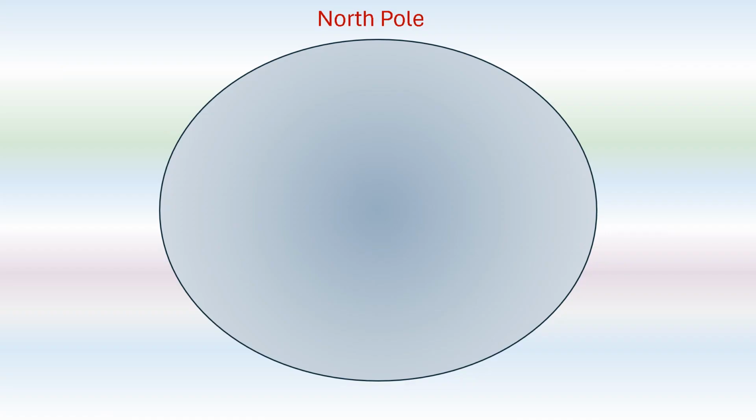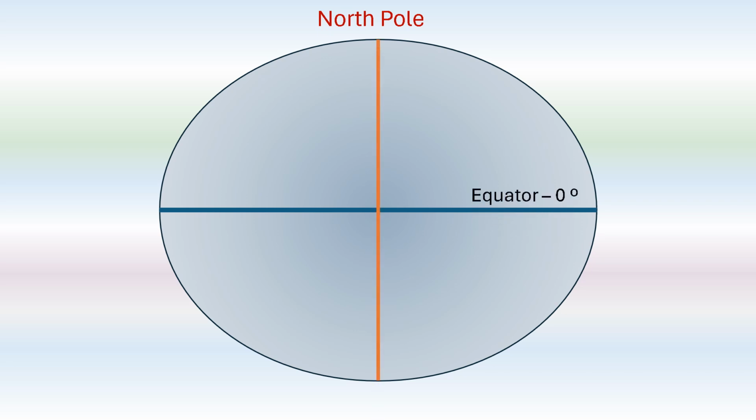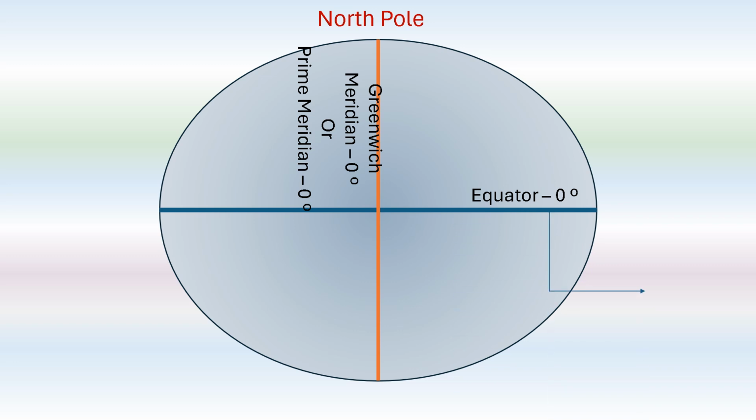So let's look at a blank sphere, which we can call the Earth. So the North Pole is at the top. We have the equator, which is a 0-degree line of latitude. Then we have the prime meridian or Greenwich meridian, which is a 0-degree line of longitude.